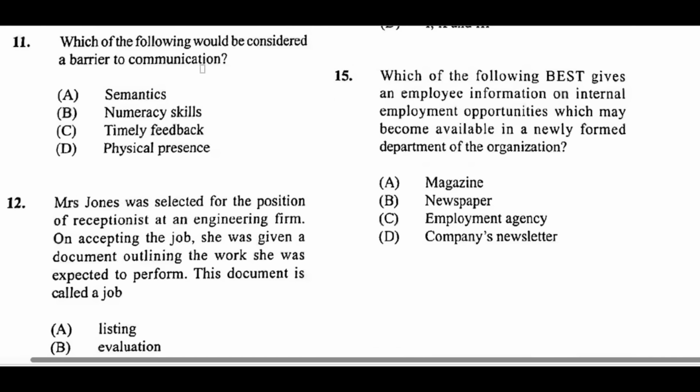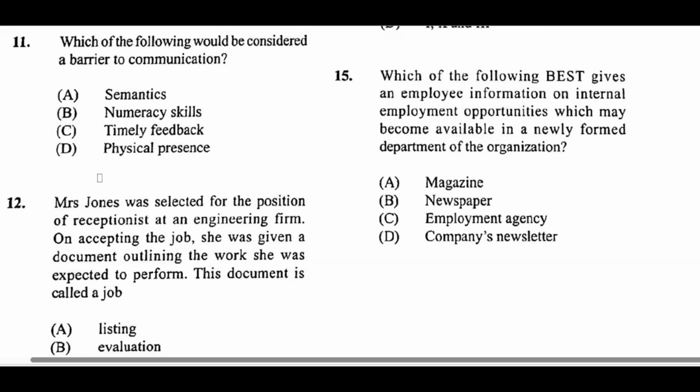11. Which of the following would be considered a barrier to communication? Remember, it's a barrier, it's like an obstacle. Anything getting in the way of the message reaching the recipient. Semantics. That is a barrier. Numeracy skills, no timely feedback, physical presence.